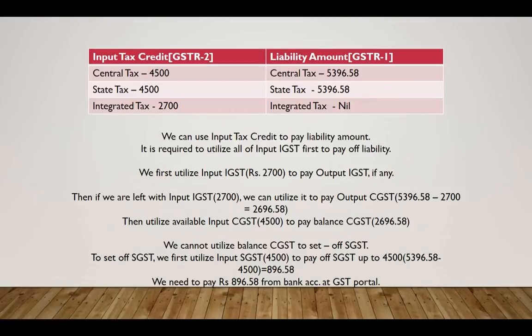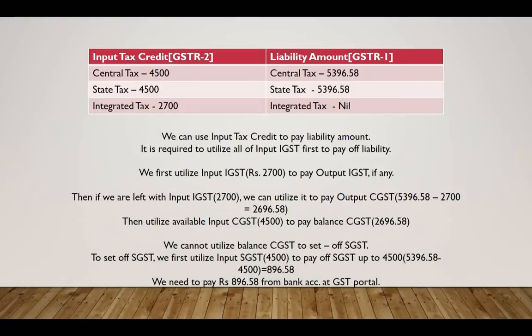First you can use input IGST to set off output IGST, and after that, if you are left with any more input IGST, then you can utilize it to set off central tax, and still if you are left with any more IGST, then you can use it to set off state tax.